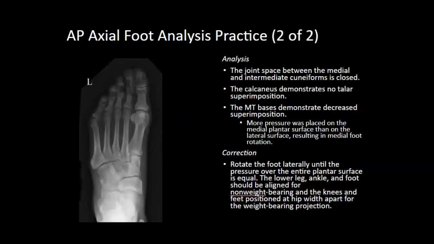For our next practice analysis of the AP axial foot, we first want to look for rotation. The first thing that I see is that the joint space between the medial and intermediate cuneiform here is closed. That should be your first key indicator of rotation. The second key indicator is that the metatarsal bases are demonstrated with decreased superimposition.